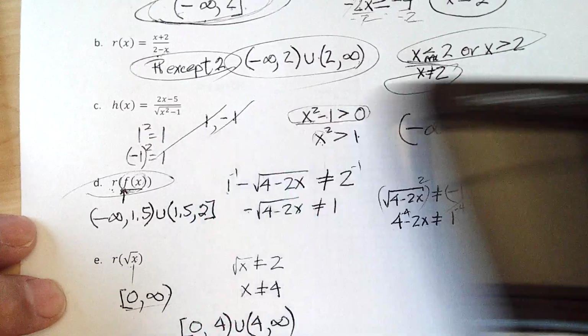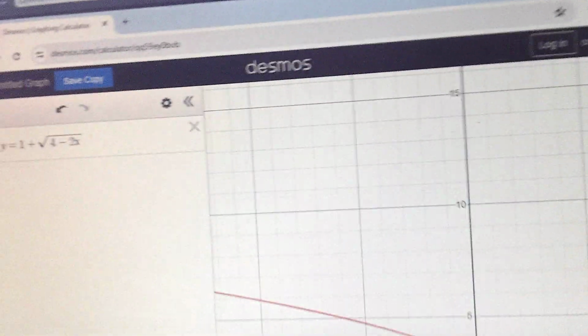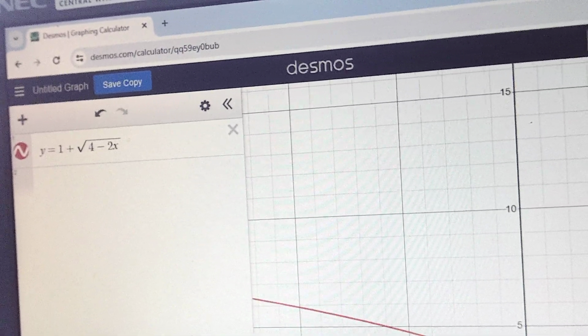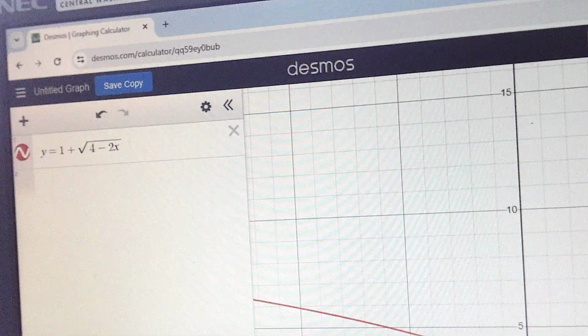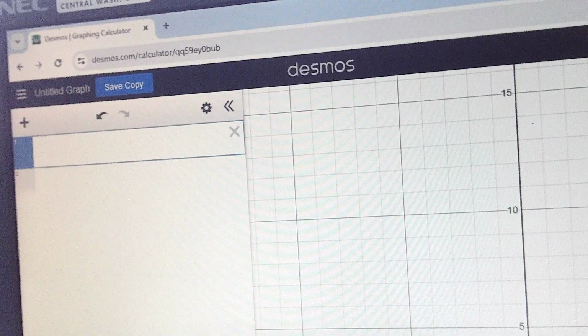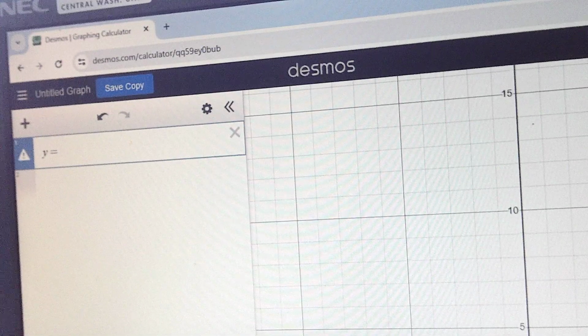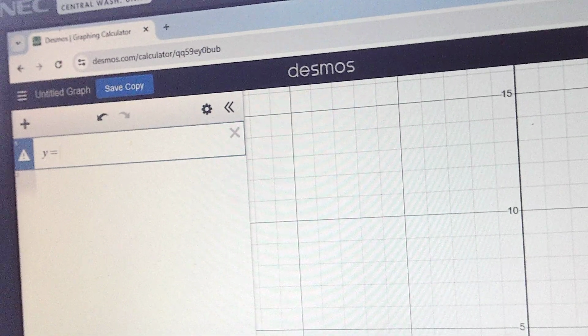Now, let's do this one on Desmos. Let's get there. Okay, so I'm going to erase this. It had to go through the square root, which is down in this keypad at the bottom.